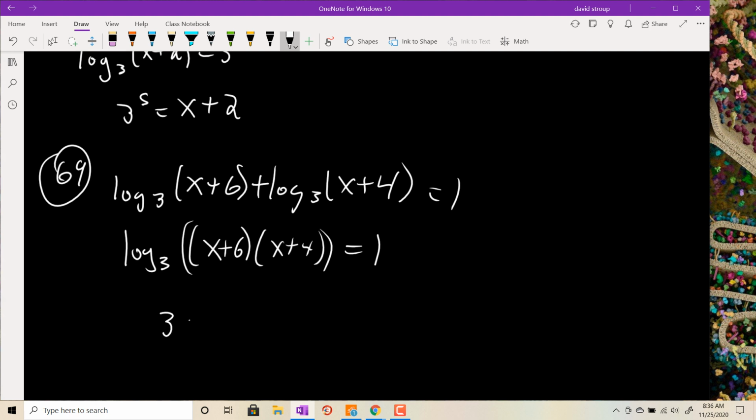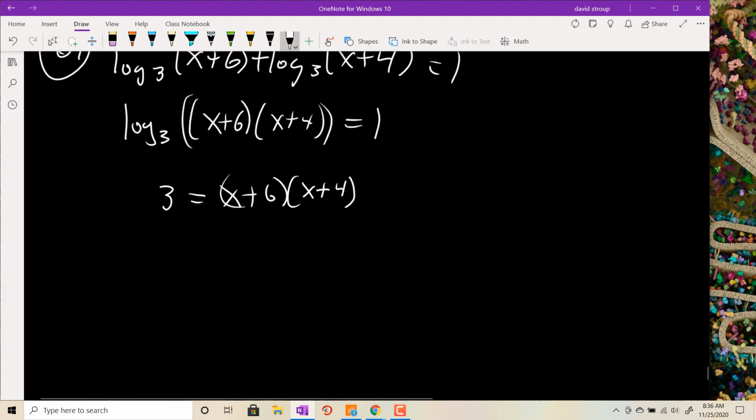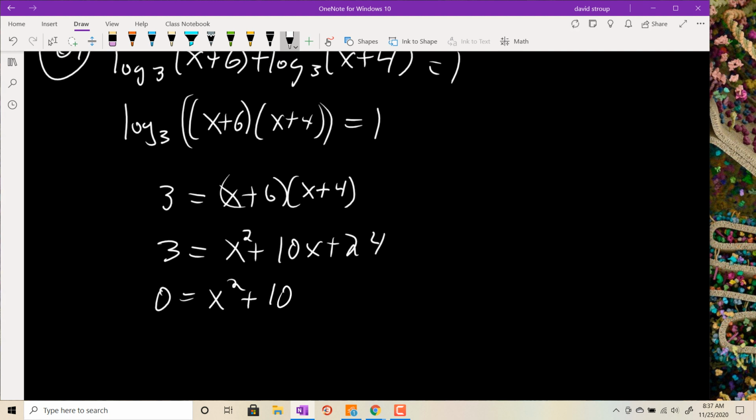So 3 to the first power equals x plus 6 times x plus 4. Okay. And then on the right-hand side, you'll have, foiling, x squared plus 10x plus 24. And then move the 3 to the other side, so you have 0 equals x squared plus 10x plus 21. And then factor it, x plus 7, x plus 3.